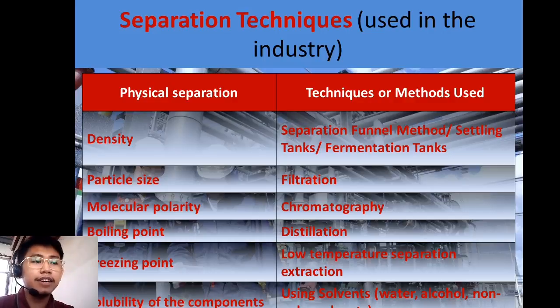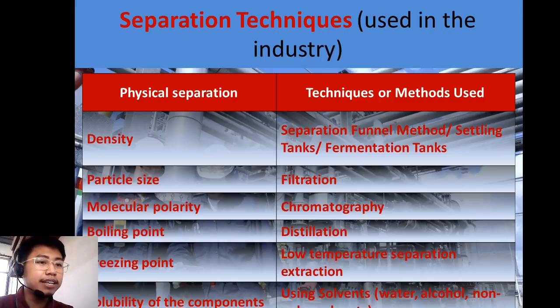A great example for that are petroleum industries. They use fractional distillation to separate different types of petroleum oil or products like kerosene and diesel and gasoline and also the asphalt.